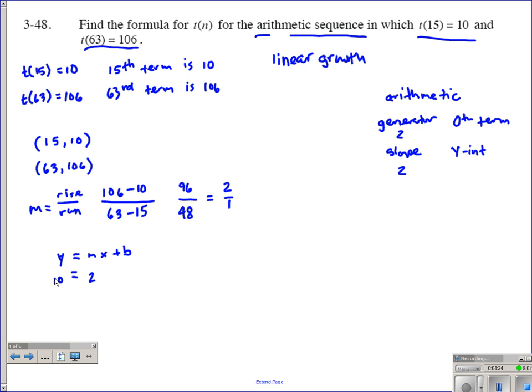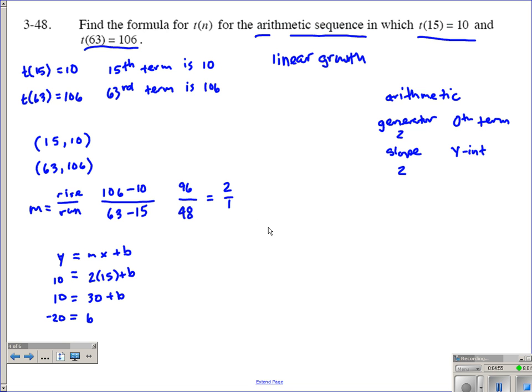So 10 should equal 2 times 15 plus b. Now we have this where we're just solving for that parameter, or our b here. 2 times 15 is 30. So we have 10 equals 30 plus b. We go ahead and subtract our 30 from each side to isolate b, and we get b equals negative 20.